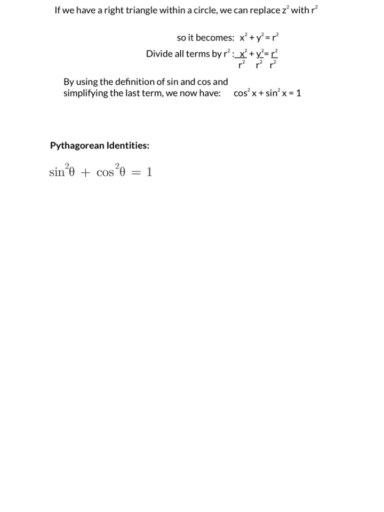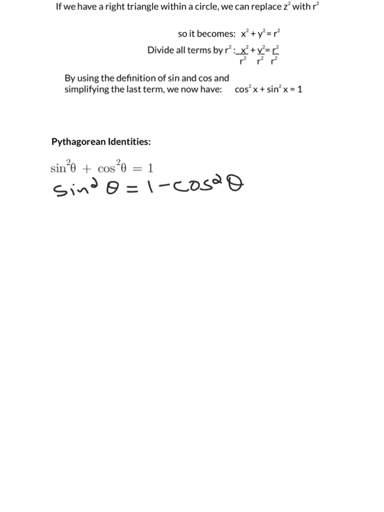For example, we could say that sine squared theta equals 1 minus cosine squared theta, by subtracting cosine squared from both sides. Now the third possibility for this identity is to subtract sine squared from both sides, and you would have cosine squared theta equals 1 minus sine squared theta.